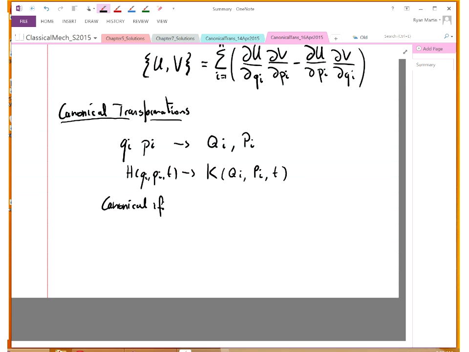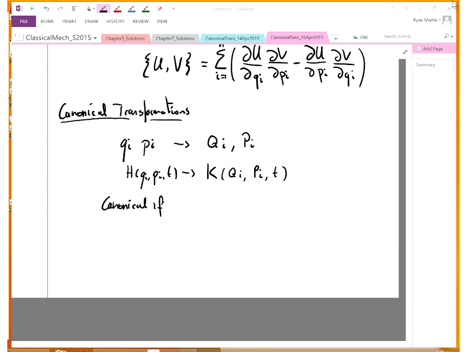Can you see the last thing I wrote is "canonical if"? Because when I look on my other computer, it doesn't show the whole thing anymore. Yep, okay. My other computer got kicked out. All right, there we go. I think it was just my one computer.